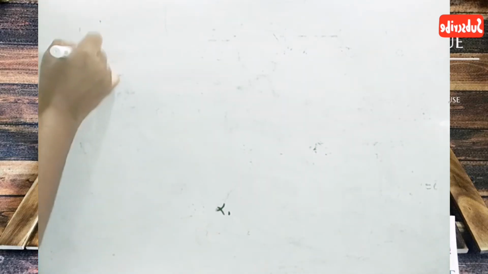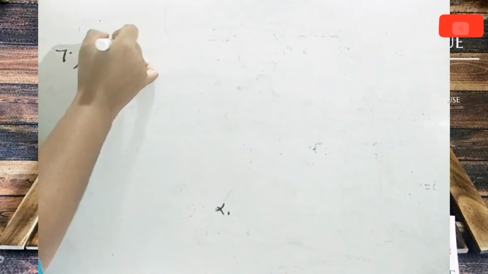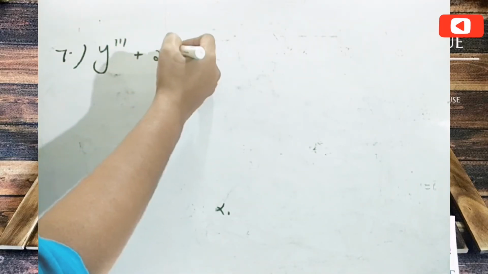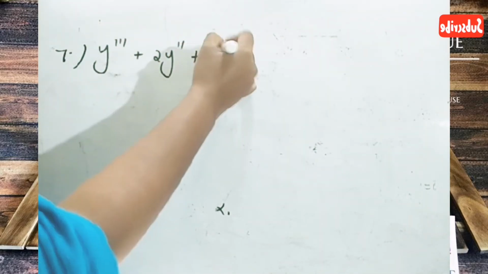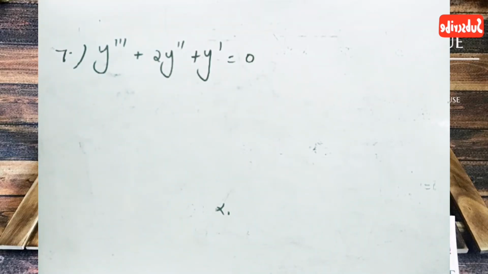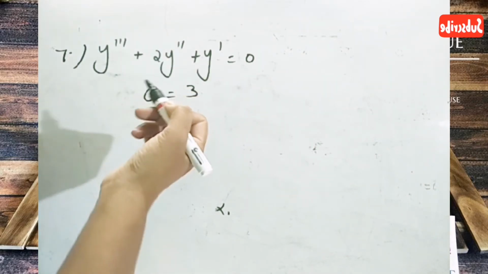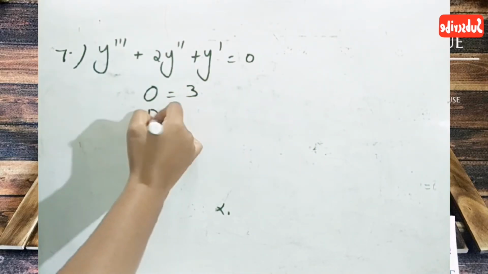Seventh question: y''' + 2y'' + y' = 0. The highest order derivative here is 3 and the power of that third order derivative is 1.